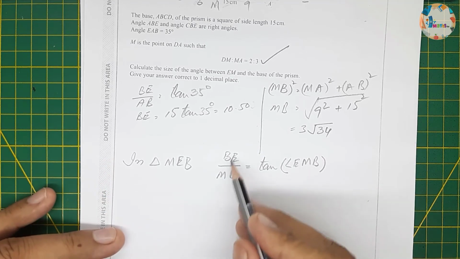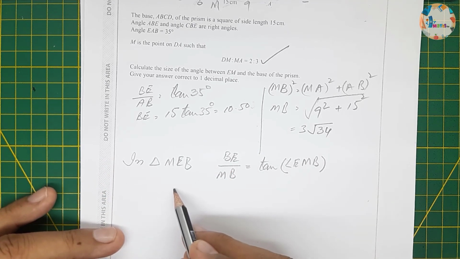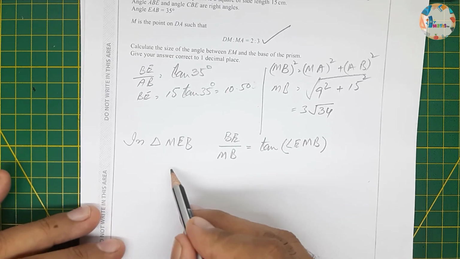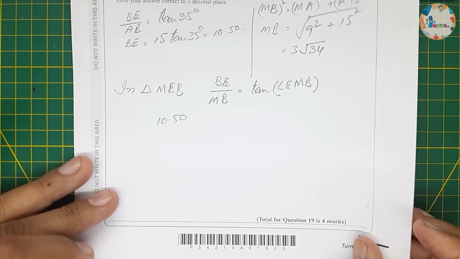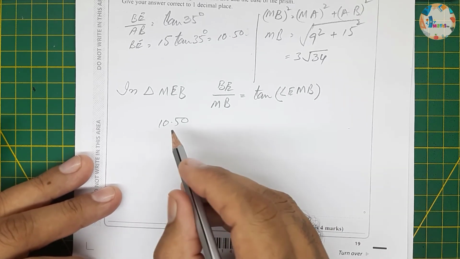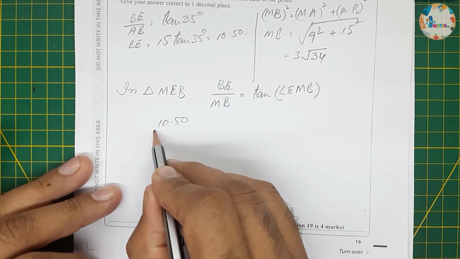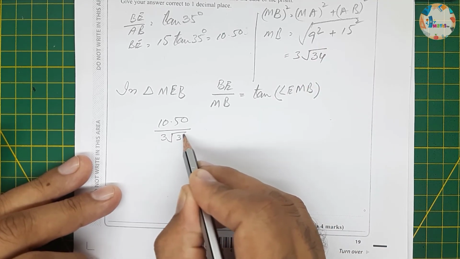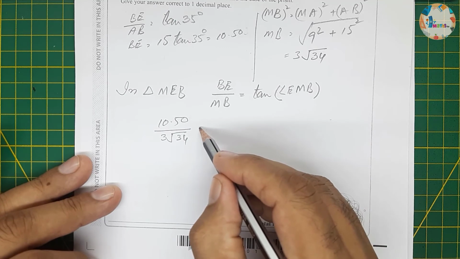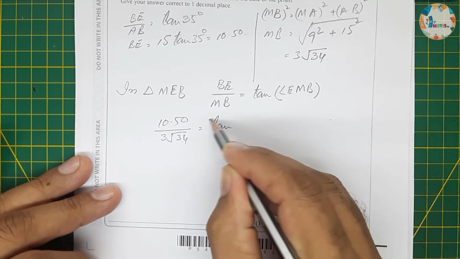So we can write this BE, which is 10.50, divided by MB, which we just found, 3 root 34, is equal to tan of angle EMB.